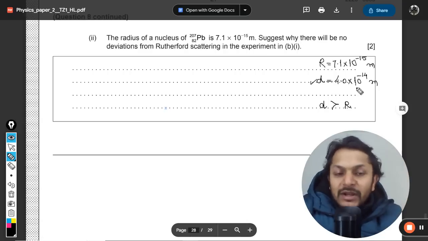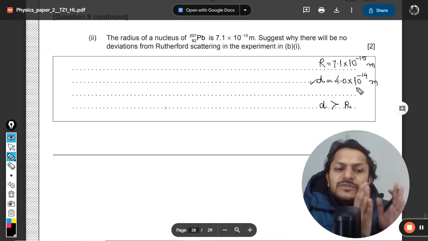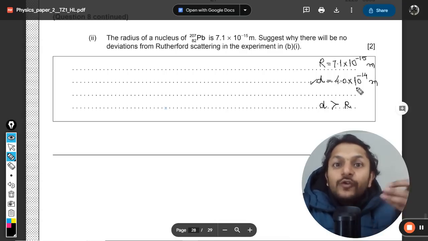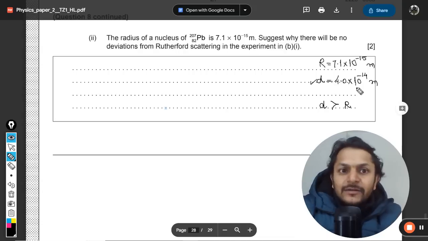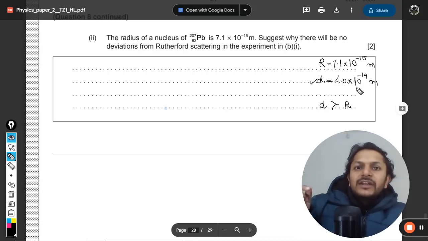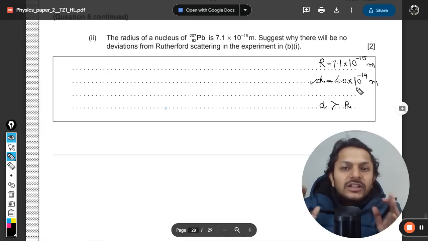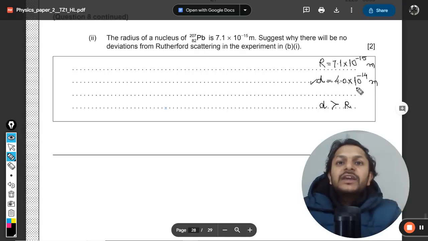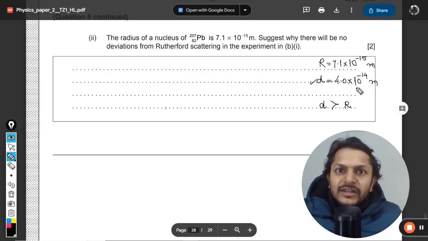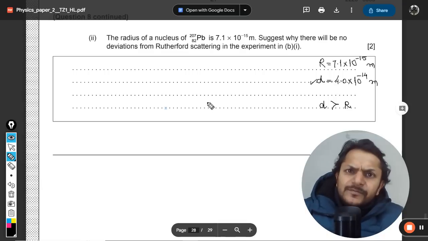and that is why there will be no deviation from the Rutherford experiment. Because if the distance becomes very small, then nuclear forces also start acting. As of now, the alpha particle is far enough, so the nuclear forces will not have any influence on it. What is the distance up to which the nuclear forces show an influence?